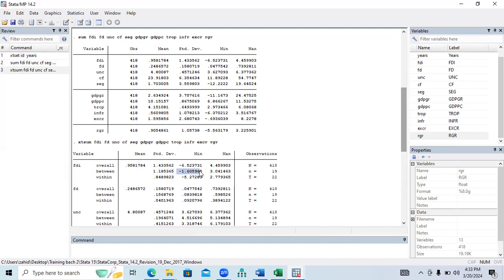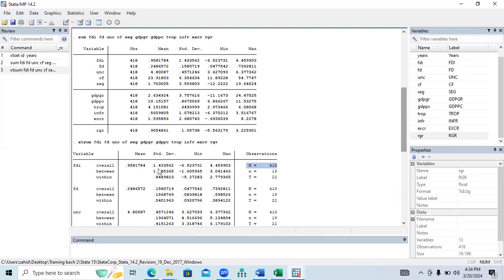The minimum value between different countries would be 1.60. The maximum value would be this. The large N is the number of observations, and the small n is the number of countries. So there are 19 countries, a 22-year time period, and 418 observations.